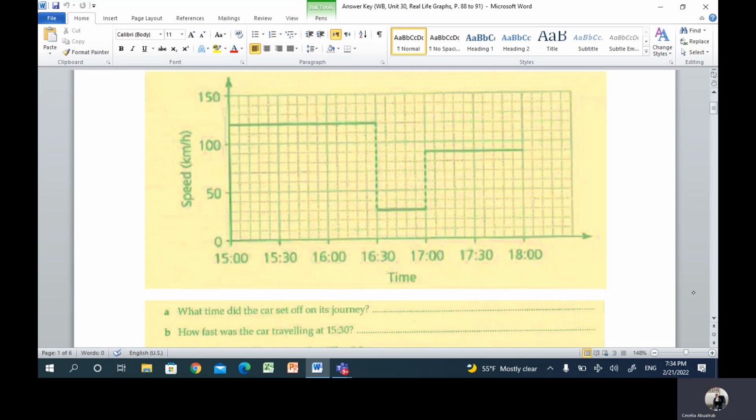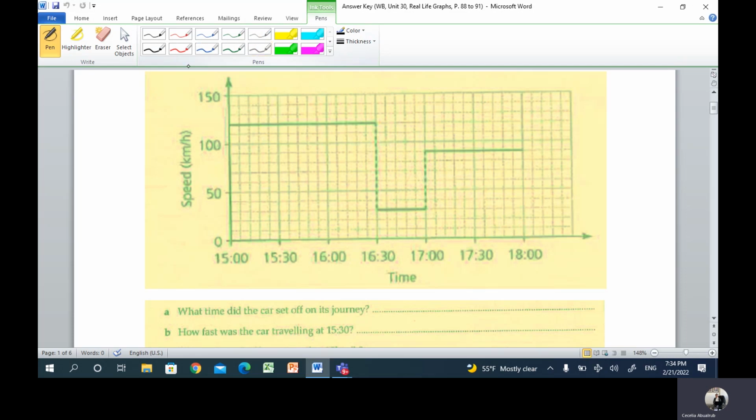From the graph, we need to answer the questions. What time did the car set off on its journey? Which means, what time did the car start the journey? As you can see here, this is the starting point. So it started at 15:00.